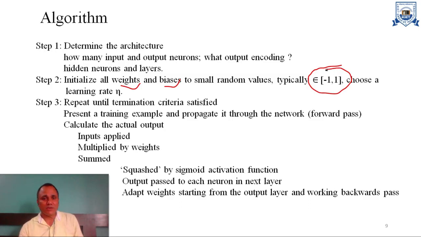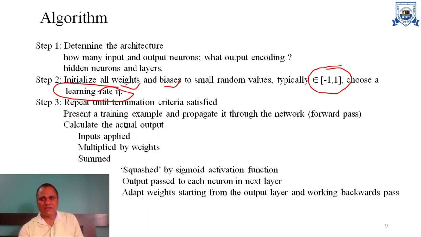And we need to pick a learning rate. As human beings we learn on our own; some people may learn too fast, some learn at an average pace. This is represented with the eta notation, and it is given as nearby 1 or less than 1. This process has to be repeated until the termination criteria is satisfied.